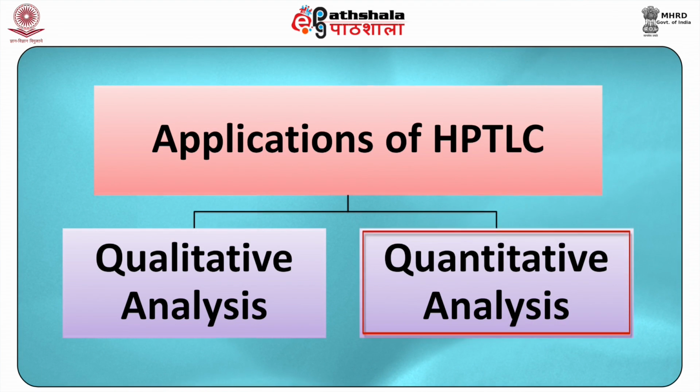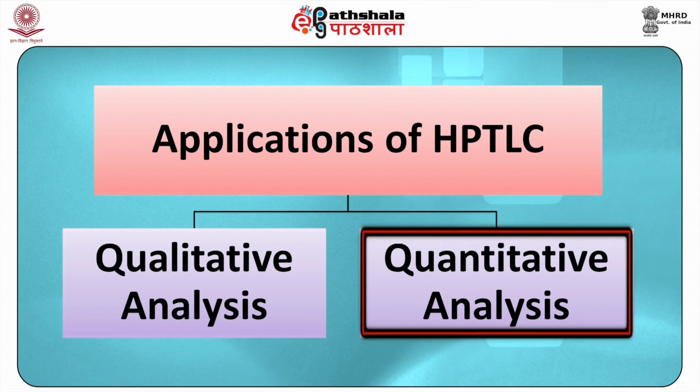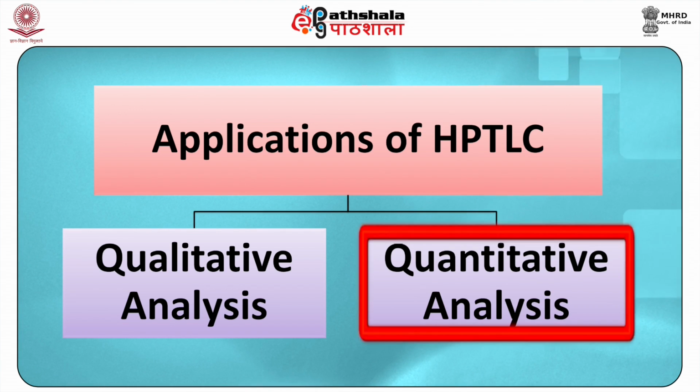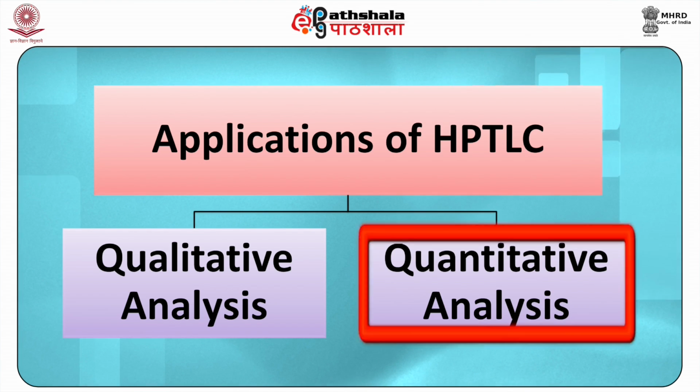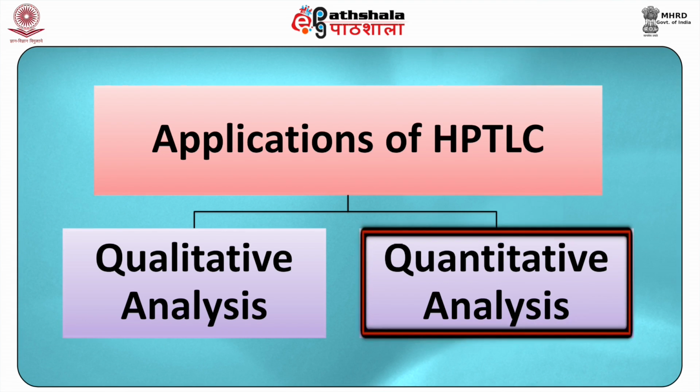For quantification, the difference in optical signal from the sample-free zone and that from a sample zone fraction is correlated with the amount of the respective fractions of calibration standards chromatographed on that plate.